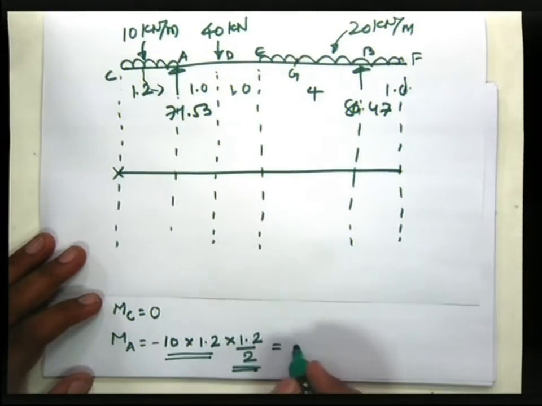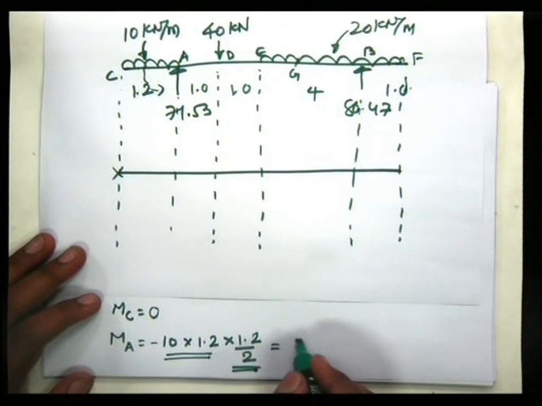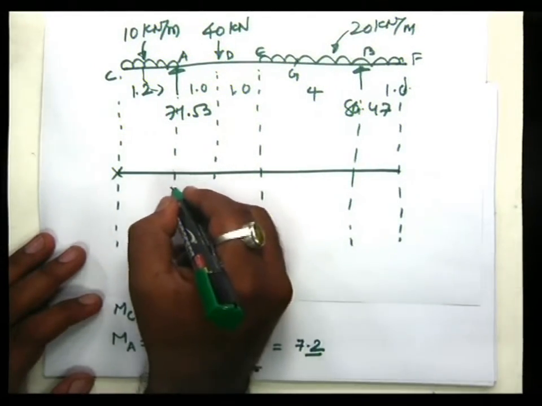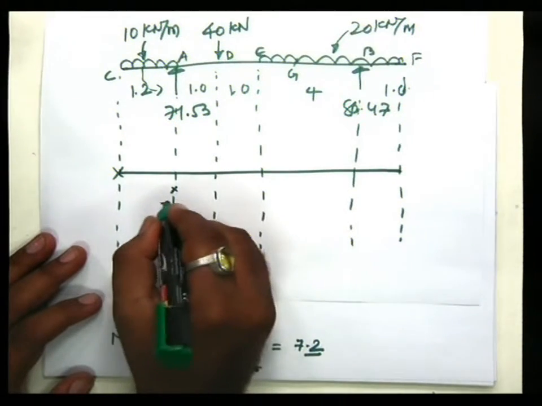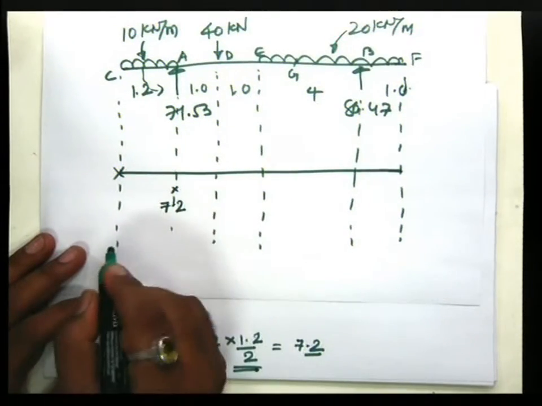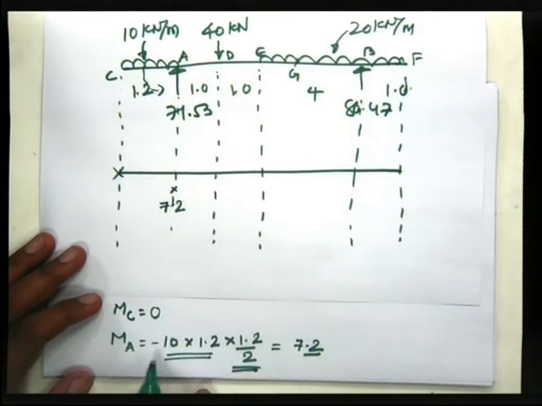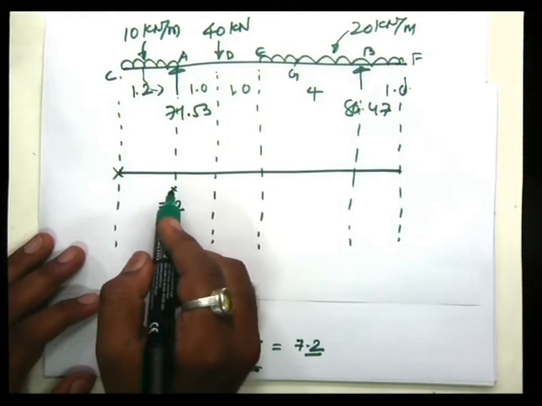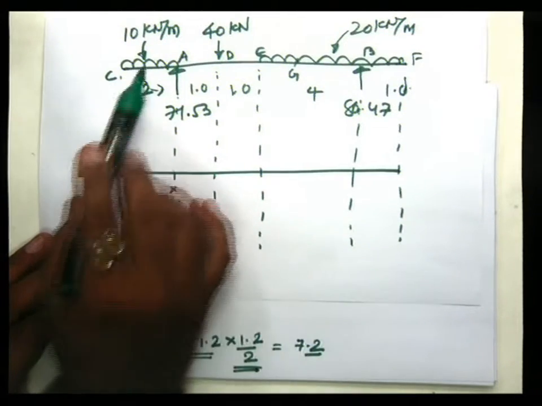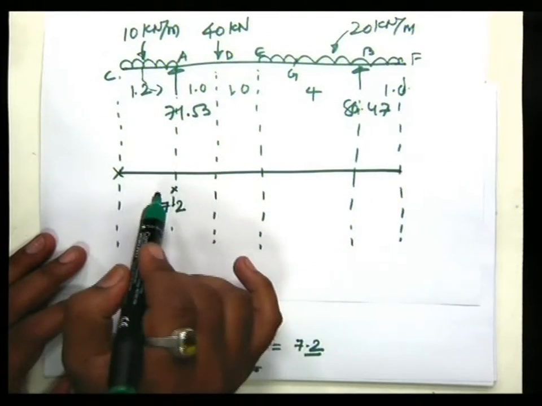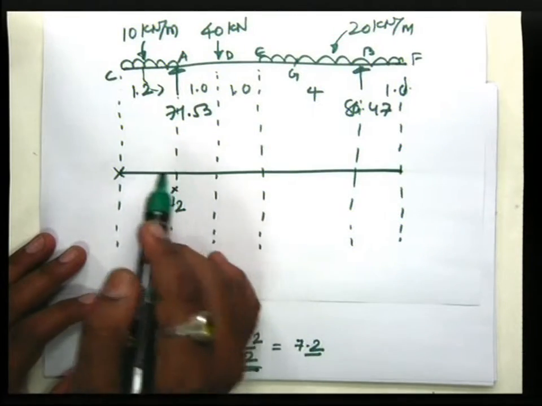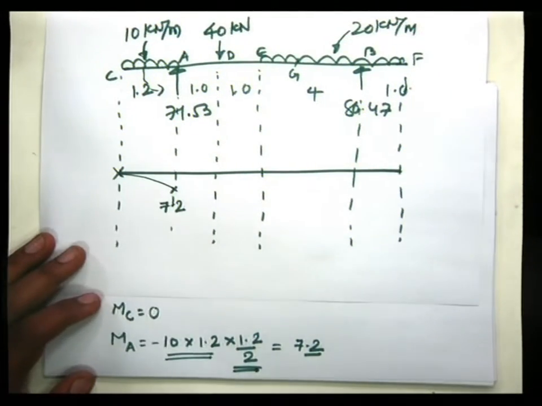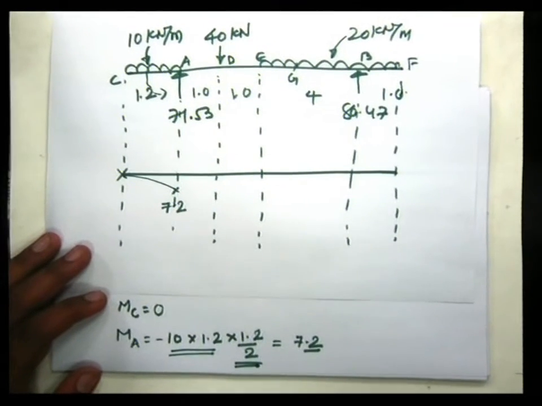I obtained 7.2. So the ordinate which I obtained over here is 7.2. A question may arise, the negative sign is already there, so it is below the baseline. Now the question is how to join these 2 points. The UDL is acting, so I have to join these with the help of a parabola. Simple rule, I have to join with the help of a parabola.